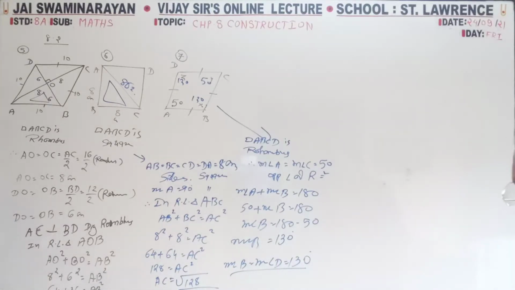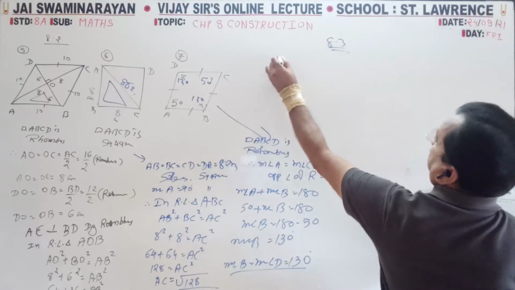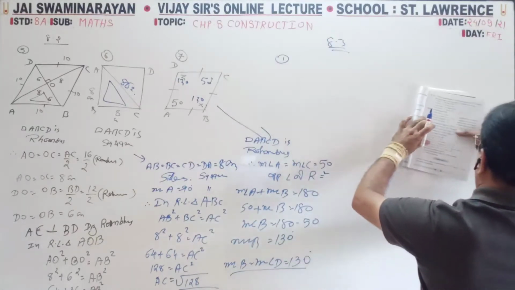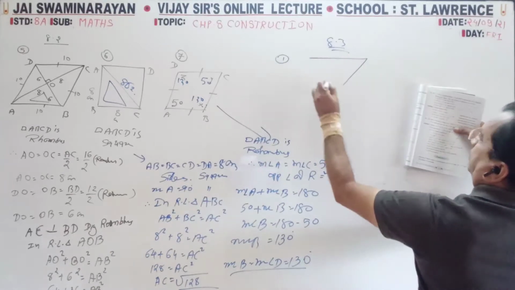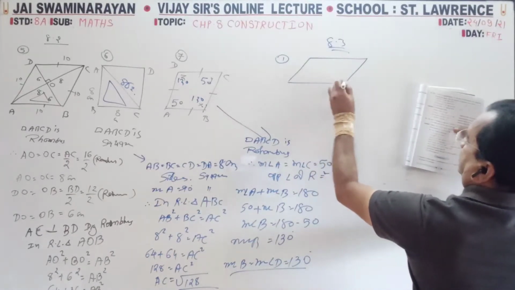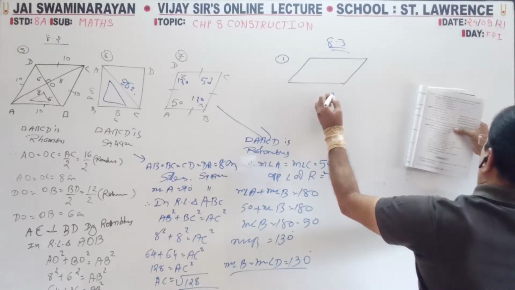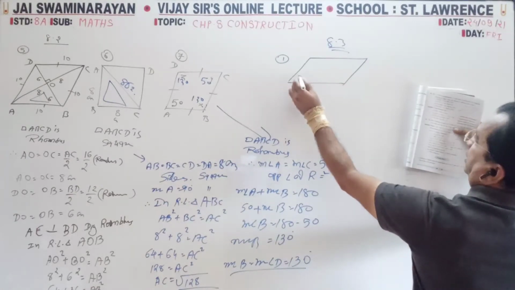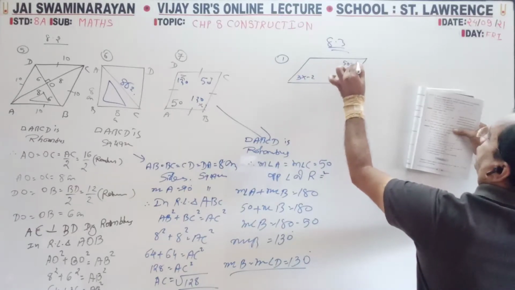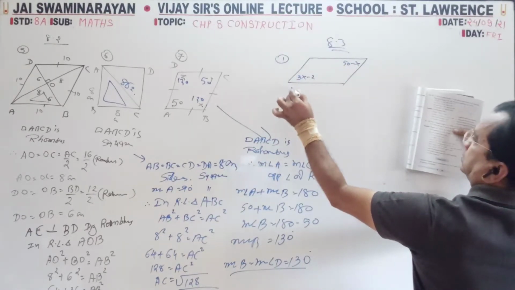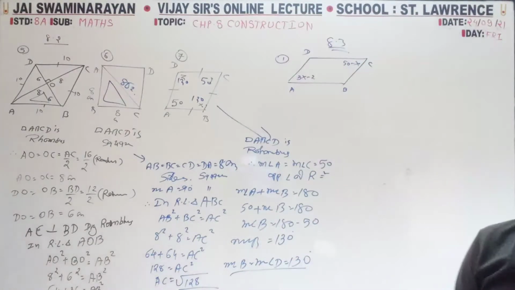8.3, first sum. Parallelogram, it is given. Opposite angles are 2x, 3x minus 2, 50 minus x. This is a given parallelogram.